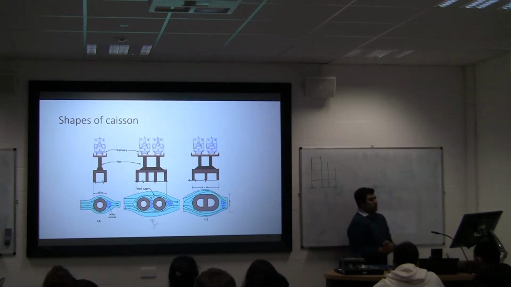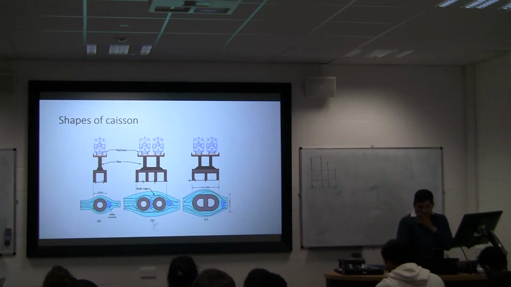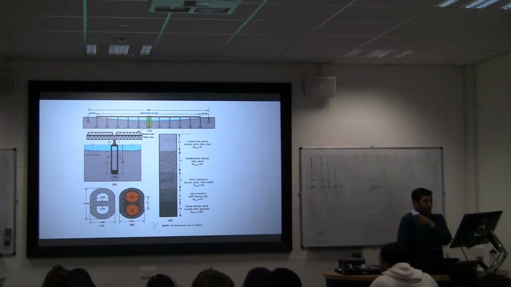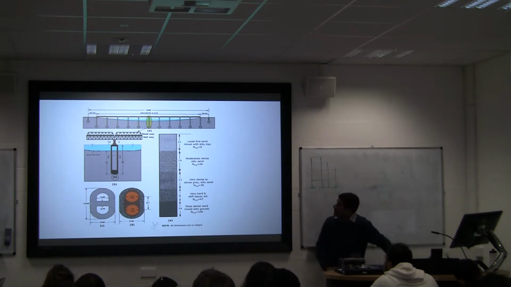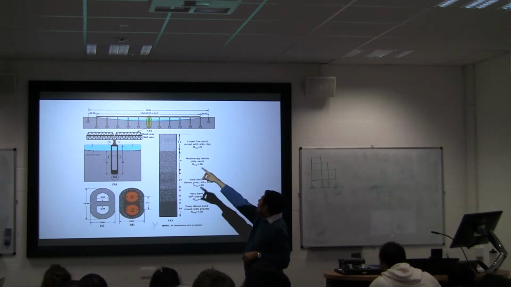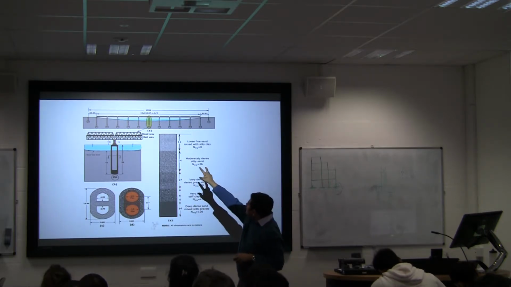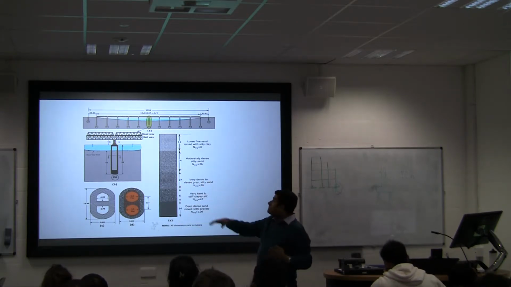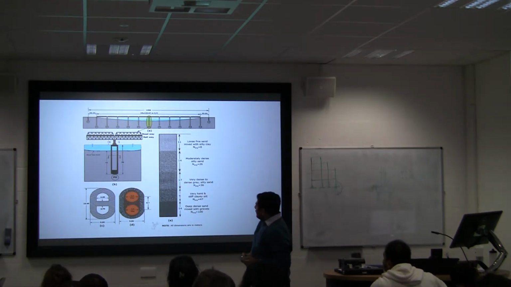Okay, so these are the different types of caissons. For that particular example bridge I was showing before, the bridge is 1.3 kilometers wide, and you can see the spacing of the foundations is around 123 meters.